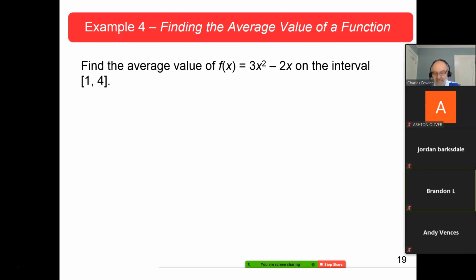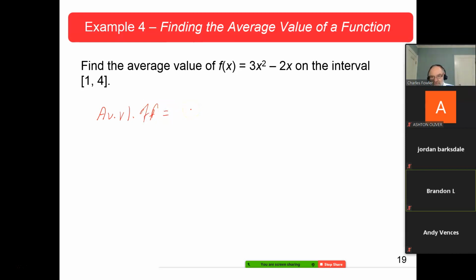Find the average value of f of x equal to 3x squared minus 2x on the interval 1 to 4. So that average value, we can call it that if we want to, the average value of f. I don't know if you like to call it f of c or not.